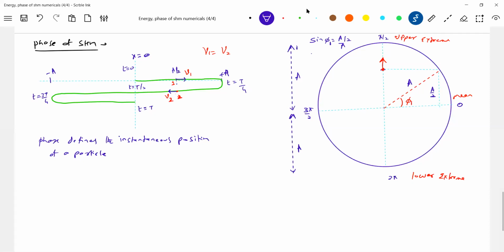It is pi by 6. What is the phase of this? It will be pi by 6. Let me write nearby so that you can focus on that one.